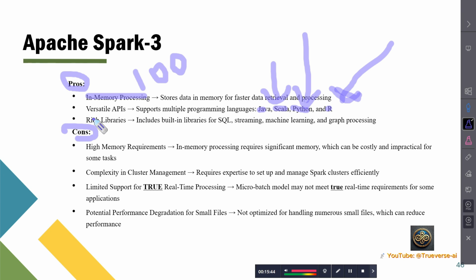So these are great, versatile APIs for working with Spark. Another strength is that Spark has very strong built-in libraries, for example for SQL, which makes Spark superior to the others these days.